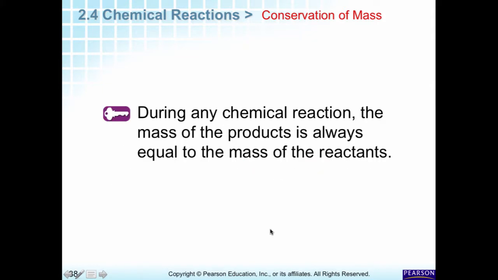So the law of conservation of mass is basically saying during a chemical reaction, the mass of the products is always equal to the mass of the reactants. Number one rule, you have to have the same things that you start with. They can be rearranged, but they are still the same thing.